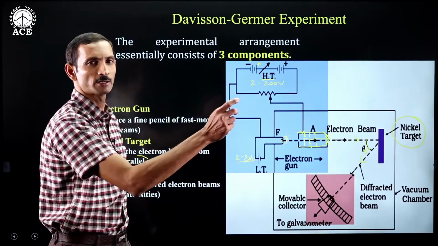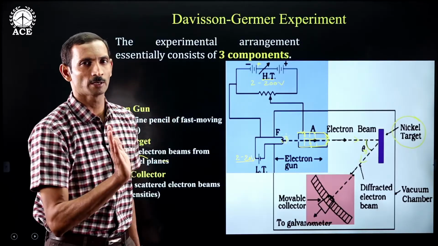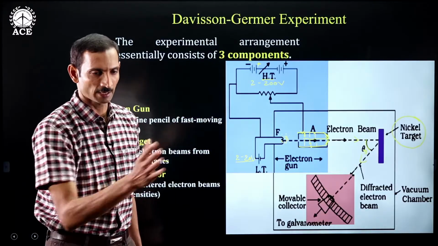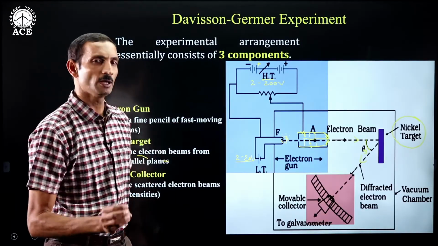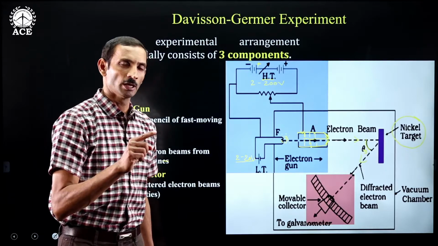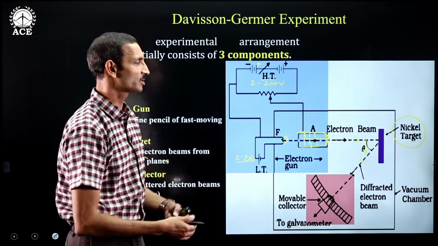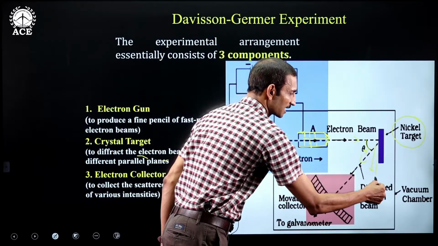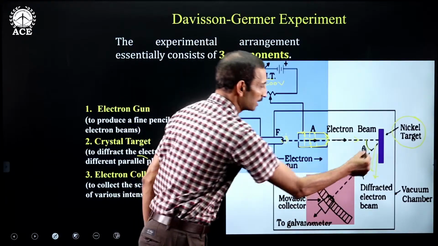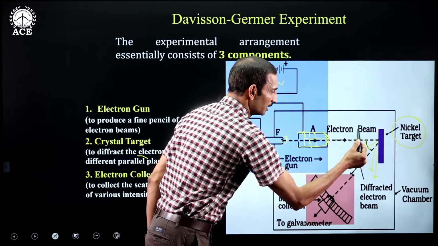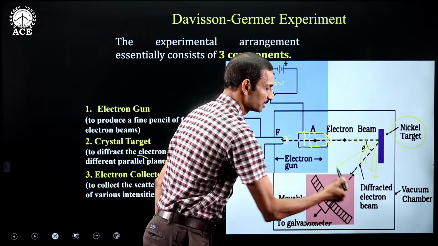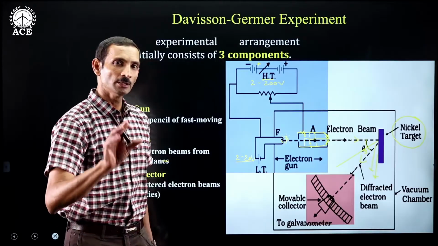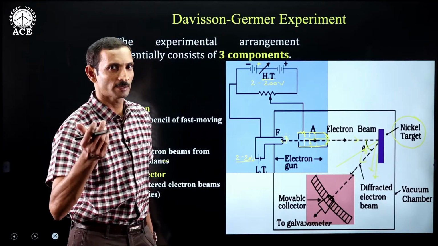Similarly, when electrons hit the crystal planes of a metal, the possibility of them making their way back or scattering in different directions is large when the angles are much smaller. For higher angles, the scattering probability will be less. So for lesser angles between the incident and the scattered beam, the probability will be more. If the angle is less, the probability of electron scattering in that direction would be more.